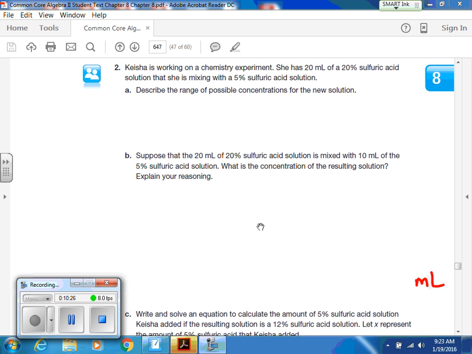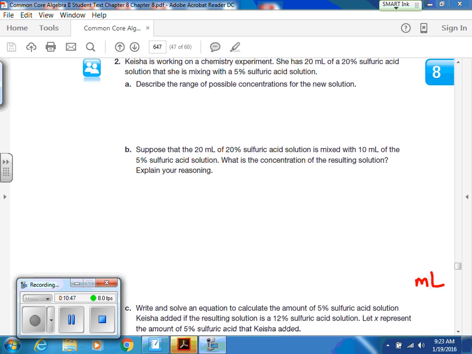It's going to be somewhere in the middle. The new combination of sulfuric acid is going to be greater than 5 because the 5 gets stronger, but less than 20 because the 20 gets weaker.